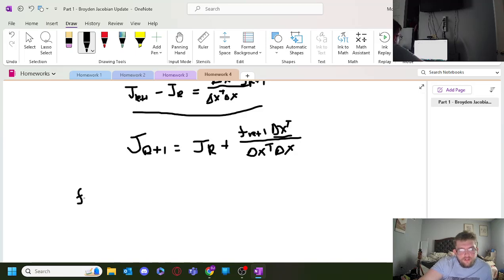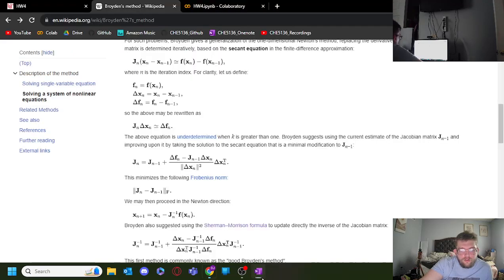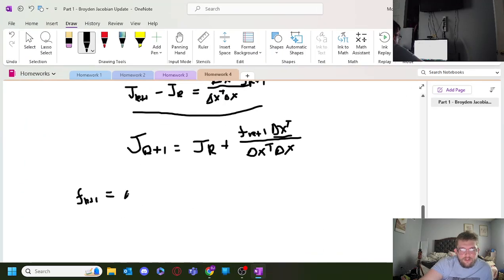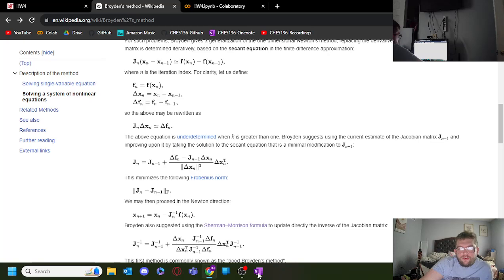Does f sub k plus 1 equal, what was his, delta f minus the original Jacobian delta x?